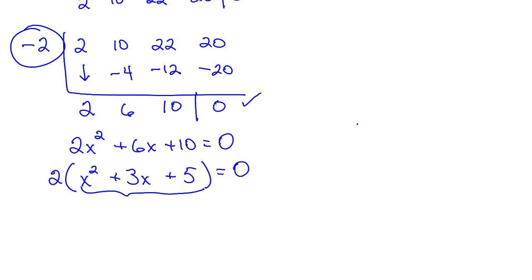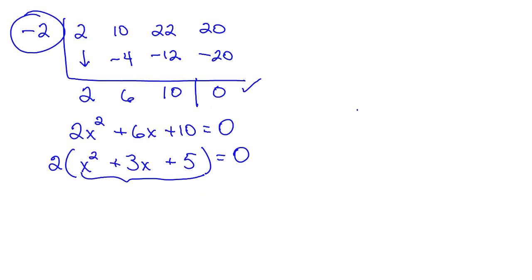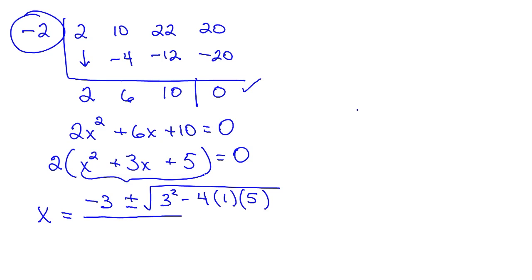It does not factor, so we need to use the quadratic formula. That would be -3 plus or minus the square root of 3 squared minus 4 times 1 times 5 divided by 2 times 1. It's just 2.